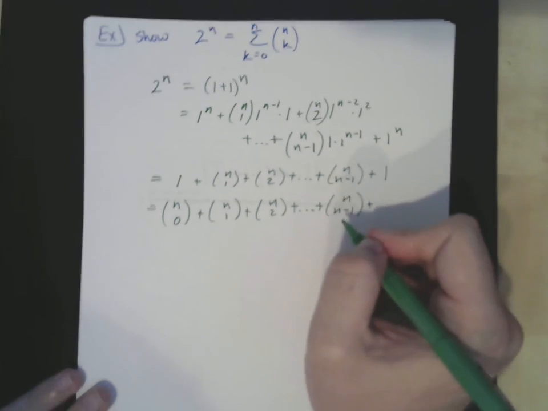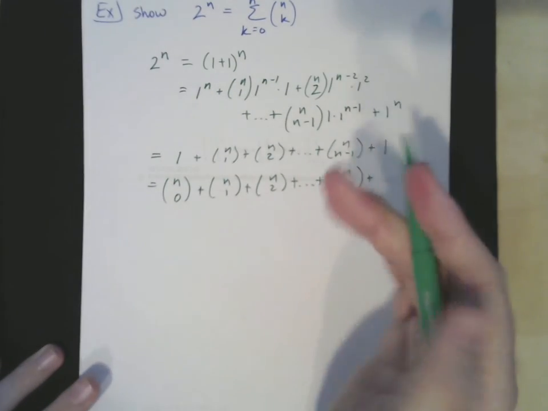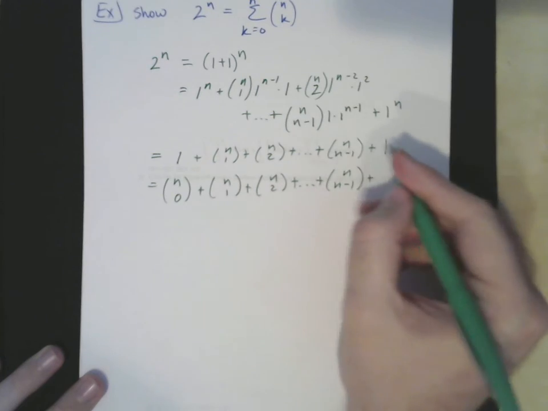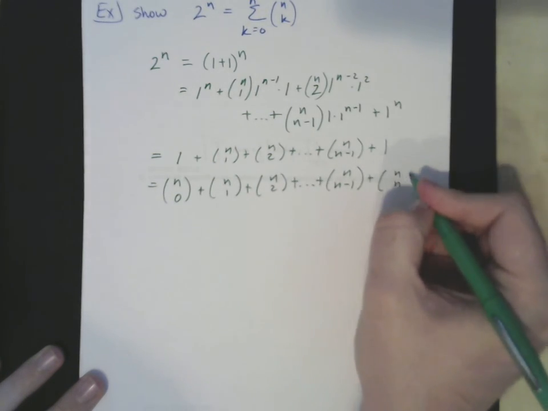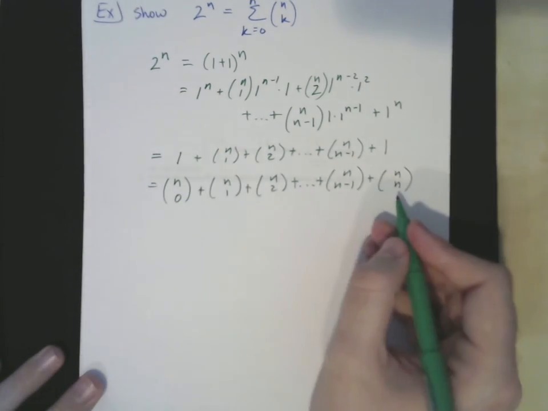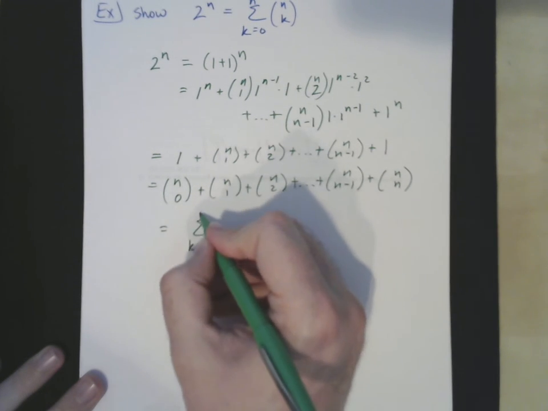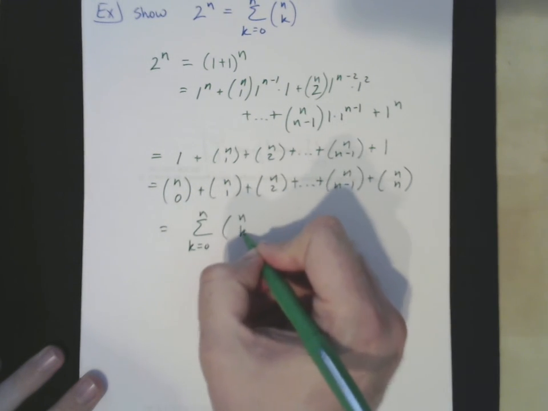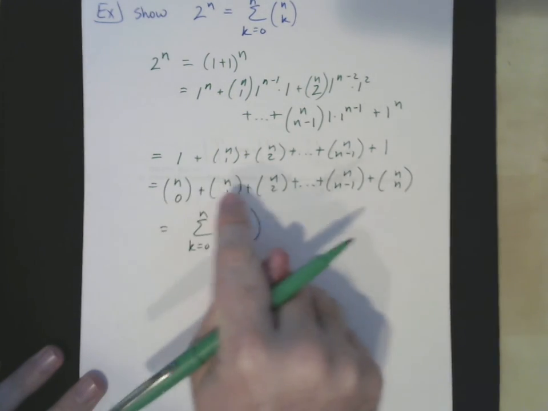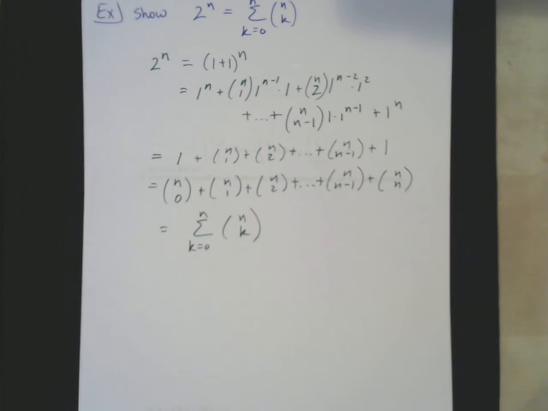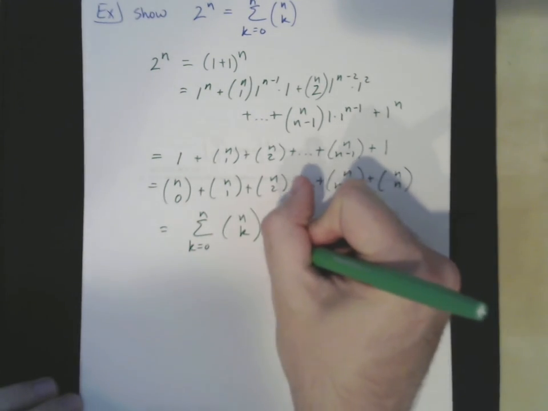And by Pascal's formula and the property that we showed earlier, n choose 0 is the same as n choose n. Well, that's nothing more than the sum from k equals 0 to n of n choose k. We're just adding up every single choice all the way up to n. And so we've proven that.